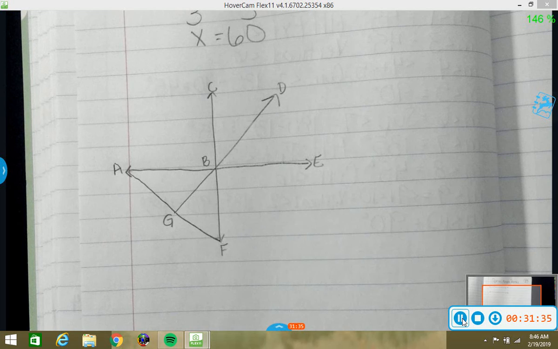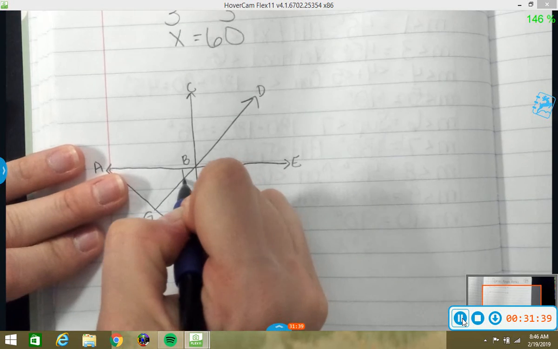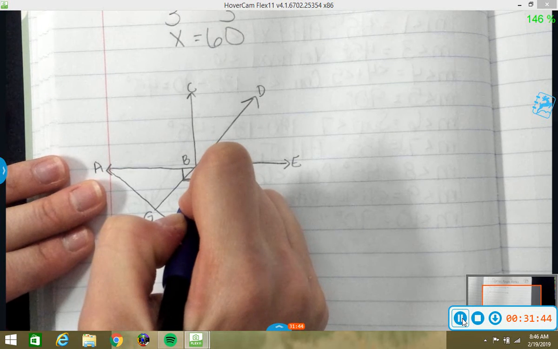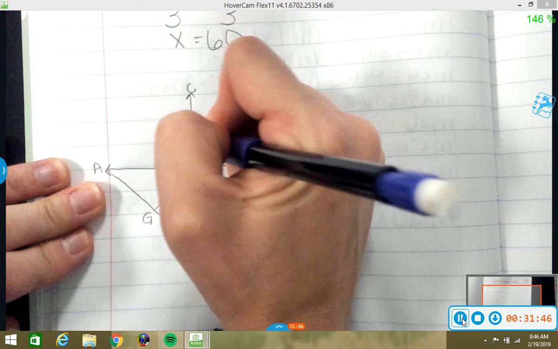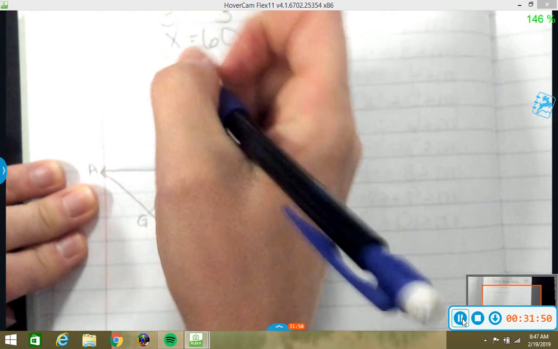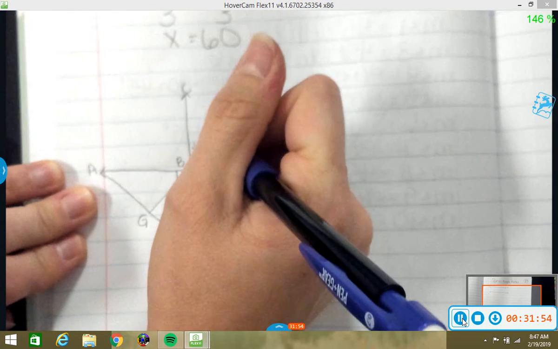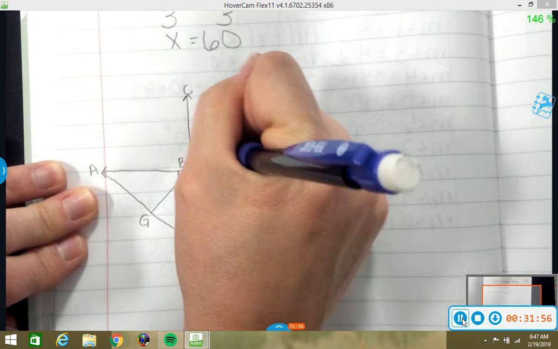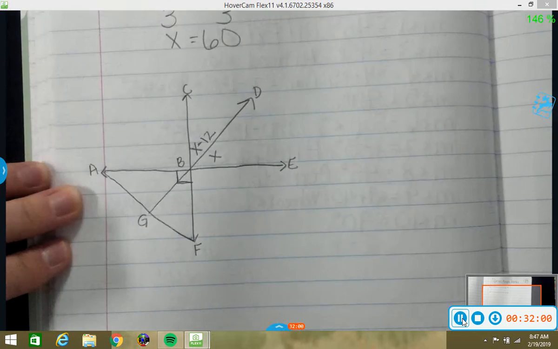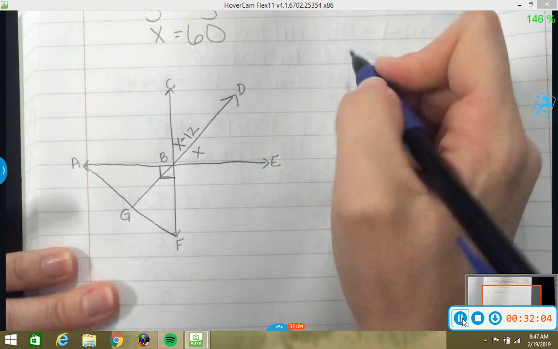I'm going to tell you that this is 90 degrees. This is going to be x minus 12. And this is going to be x. So the goal is to solve for x.